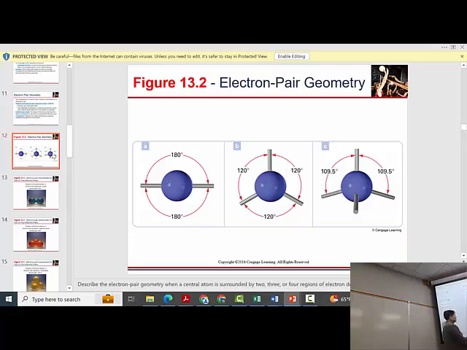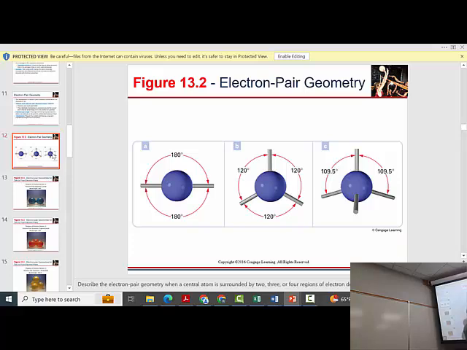If I have two groups, to minimize the repulsion between them we need a 180-degree angle between the two groups. That maximizes the separation distance between them, and we end up with a linear group geometry. If we have three groups, the maximum separation is given by 120-degree angles, and this is called trigonal planar.